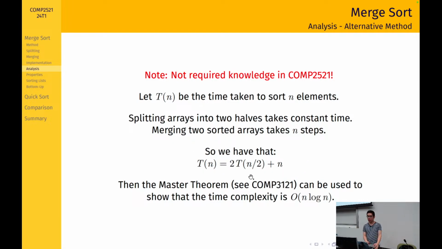So this is the formula that we get for the amount of time taken: the time taken to sort n elements is 2 times the time taken to sort an array of size n/2, because we have two halves and we're merge sorting each of them. So that's 2T(n/2) plus n, where n is the time taken to merge the two sorted subarrays into a single sorted subarray. And if you use the master theorem, then you can show that the time complexity is O(n log n). Okay? So not required knowledge, but just something interesting and something to look forward to later.